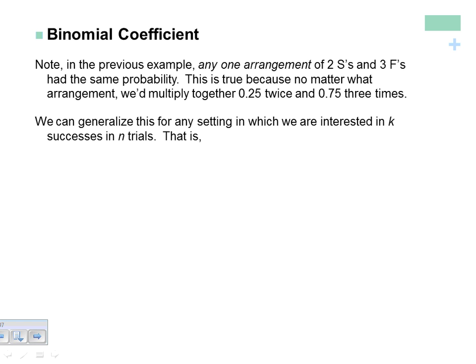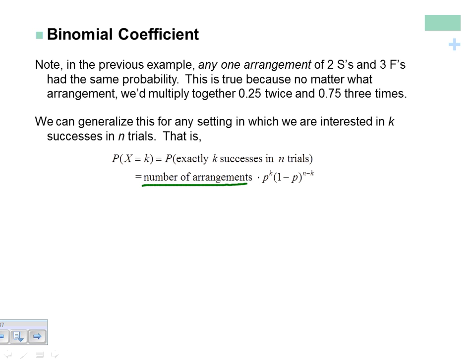All right, so in general, we can say that the probability of exactly k successes in n trials is the number of arrangements times the probability of success raised to the k number of successes, times the probability of failure, which is 1 minus the probability of success, raised to the total number minus however many we had for successes. So that would give us the total overall.